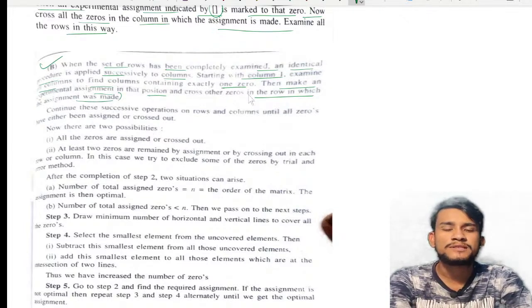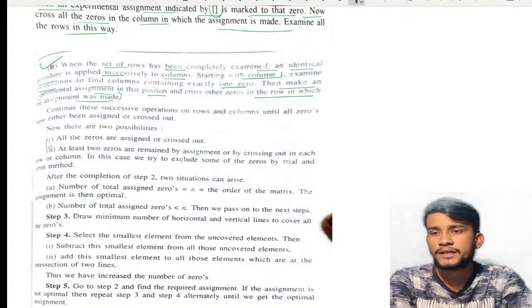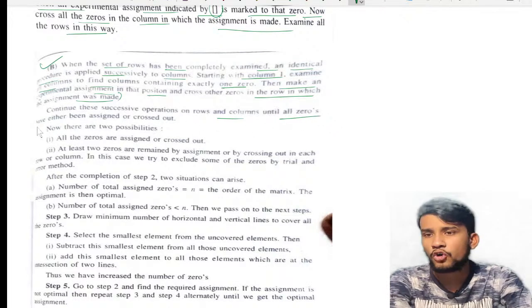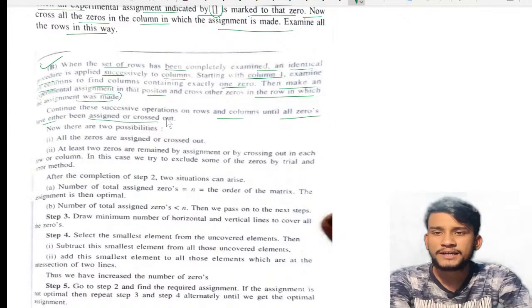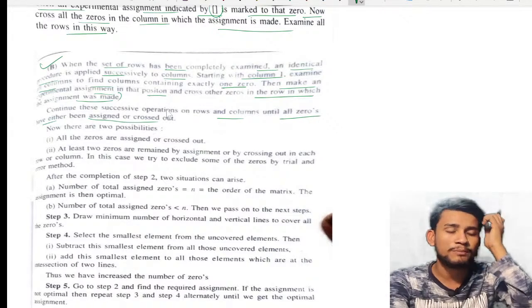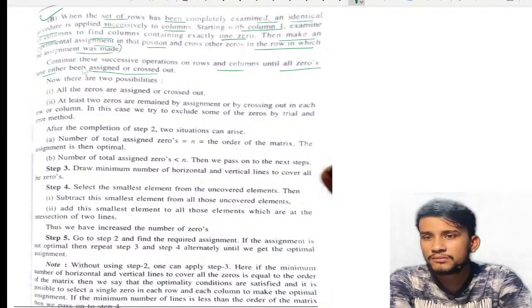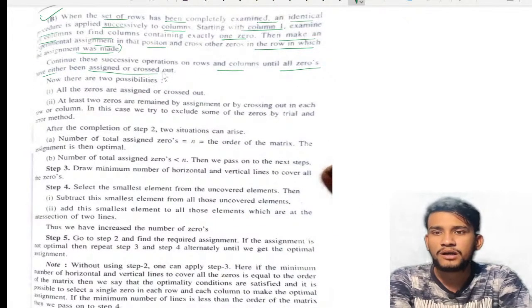Okay, so that means the same procedure needs to be followed for columns also. Then continue these successive operations on the rows and columns until all zeros have either been assigned or crossed out.